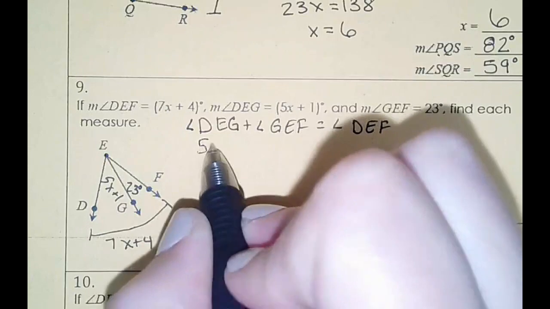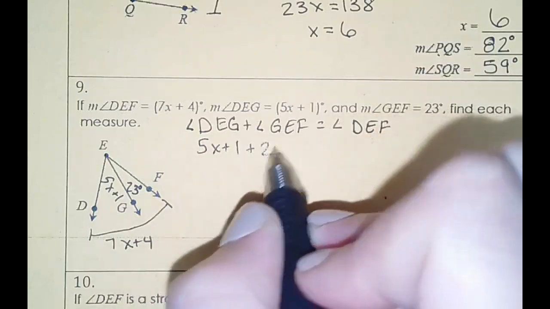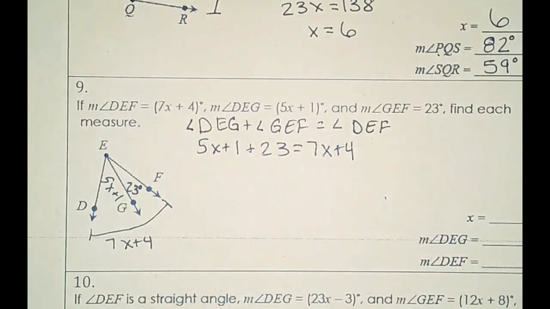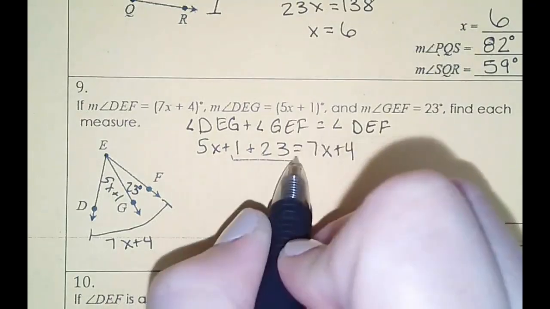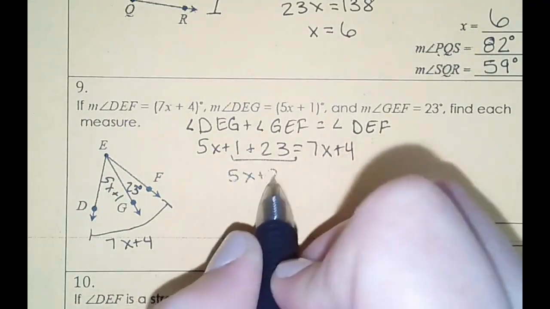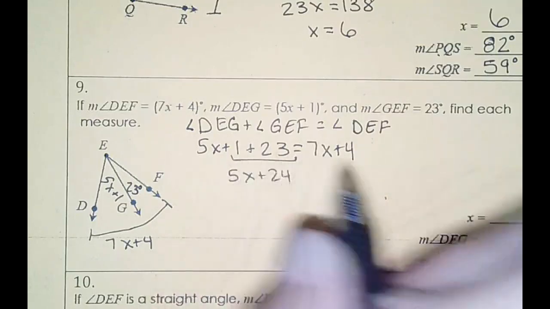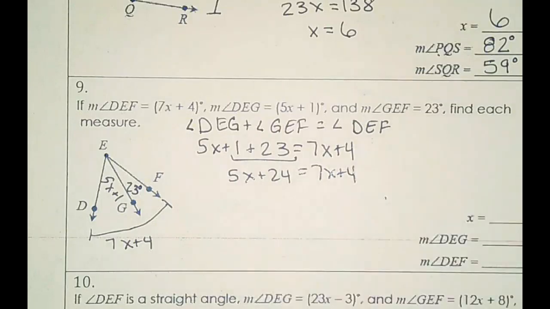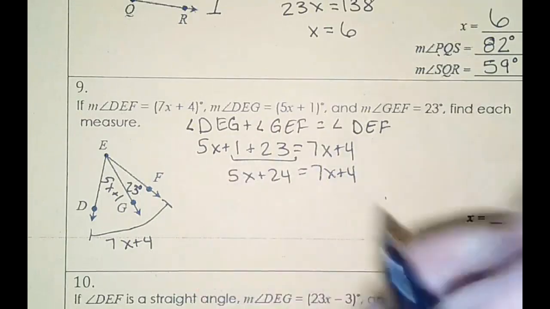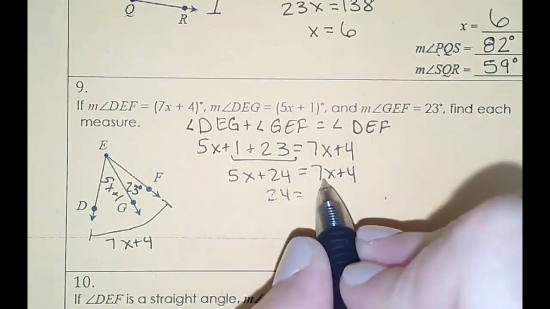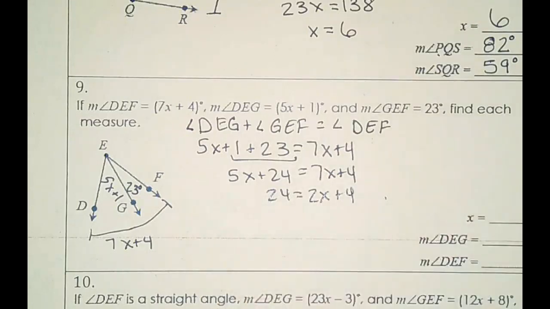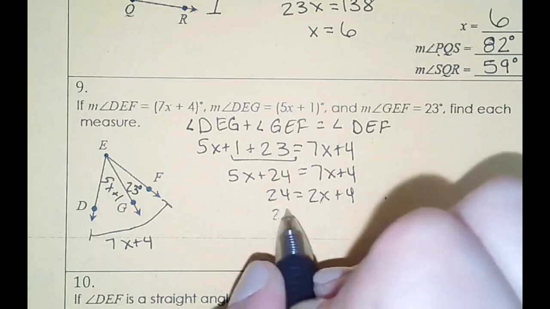Combine your like terms. The 5x plus 24. Remember, go left to right. Don't do inverses on the same side. Equals 7x plus 4. Subtract 5x on both sides. 4 equals 7 minus 5 is 2x. Subtract 4 on both sides, so 20 equals 2x. Divide by 2 on both sides, so x equals 10.